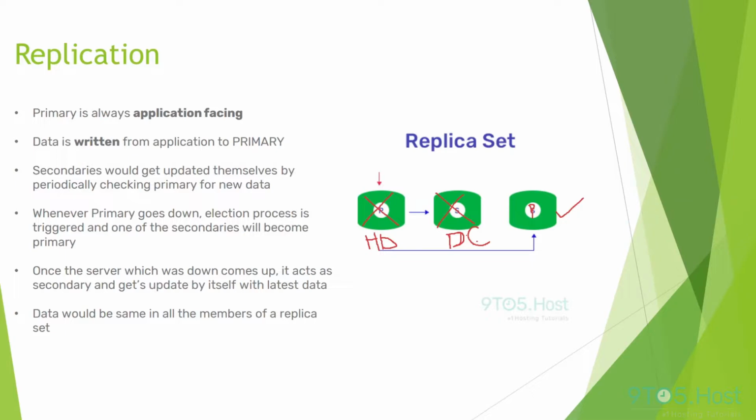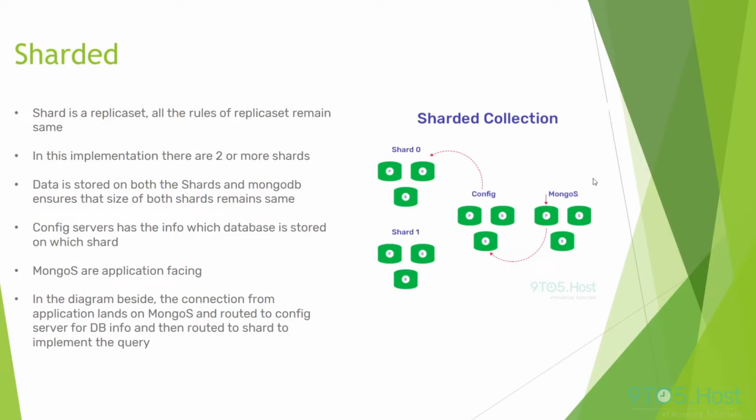Alright, this is how a replica set works. Now let's understand how sharding, or a sharded cluster, works in MongoDB. Here the implementation is different. These three form one replica set, but the application-facing servers are not primary in this case; the application-facing servers are mongos.